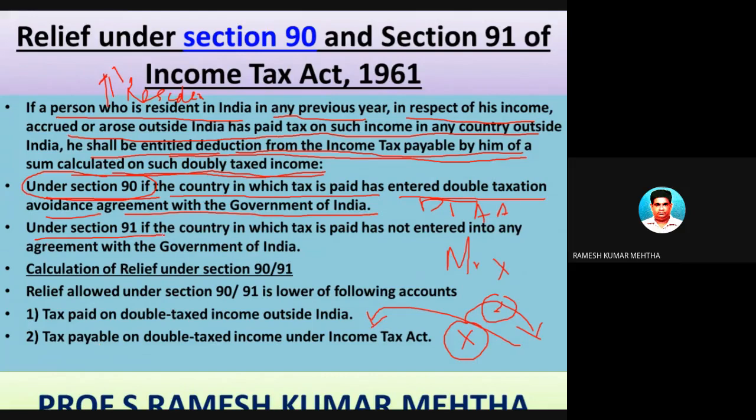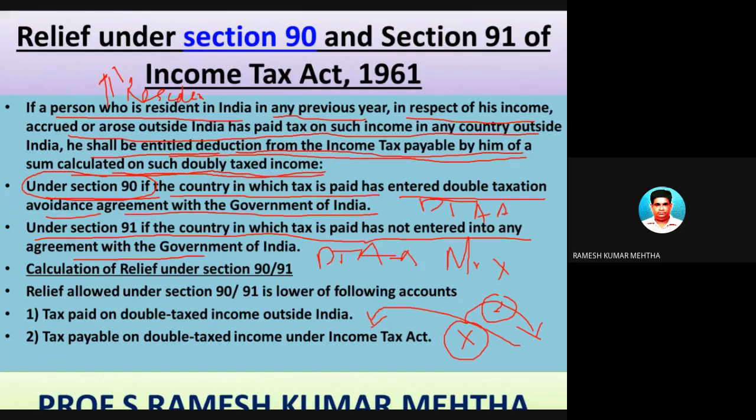Under section 91, if the country in which the tax is paid has not entered into a DTAA with the Government of India, section 91 comes into picture. So section 90 applies if any country has a double taxation avoidance agreement with the Government of India. Section 91 applies if the country does not have any agreement with the Government of India.